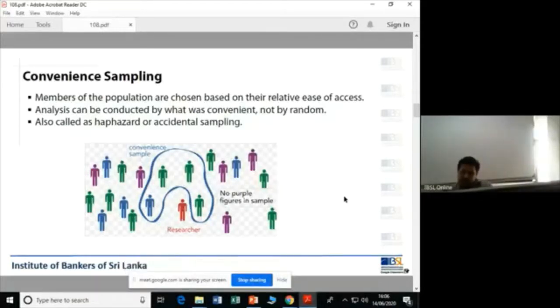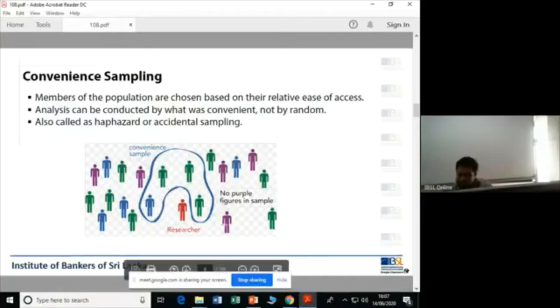He's very close to all these other people, the green person here and 2 other green persons and the purple person here. So it appears that he has selected these 4 out of this, let's assume that we have 20 people here. It appears that he has selected these 4 people for his sample using the convenience sampling method.